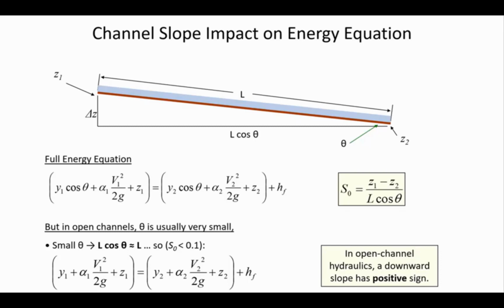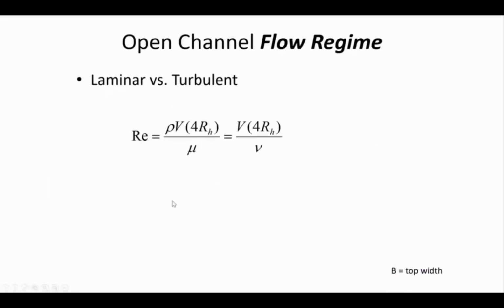We don't say minus 1% or minus 2% for these slopes, because the slope is always downhill. In very rare cases you have what's called an adverse slope, where the water is flowing uphill briefly, temporarily, maybe like at a water park, where you have water going uphill just as a novelty for a moment. So by definition, downhill slopes have a positive sign.